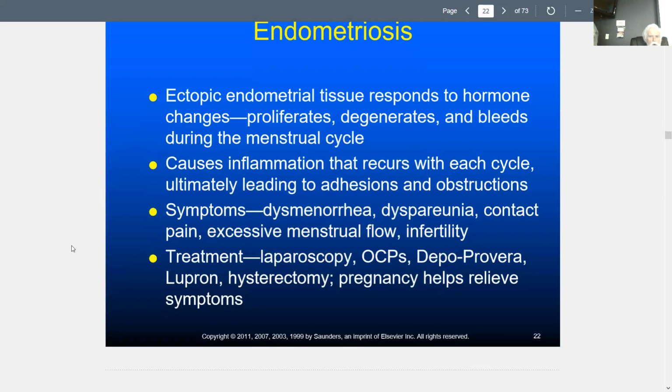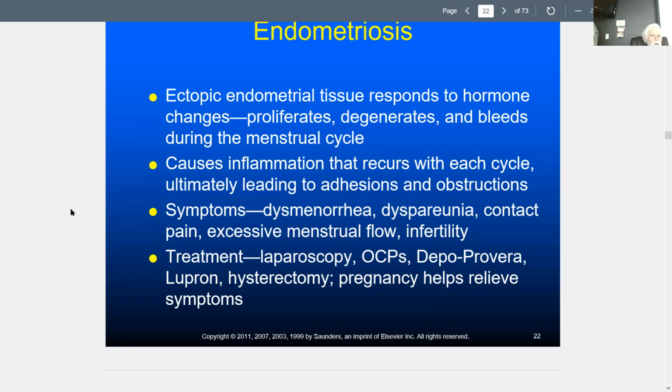So this causes inflammation that can lead to all sorts of problems, not just adhesions and obstructions, but a lot of pain, lots of problems with menstruation, urinary issues, and infertility.